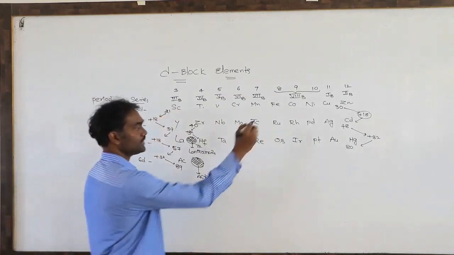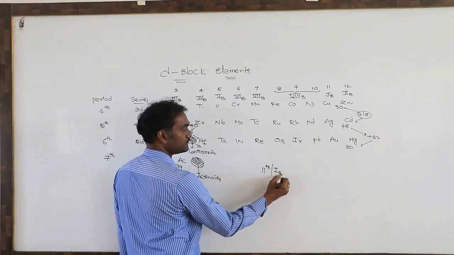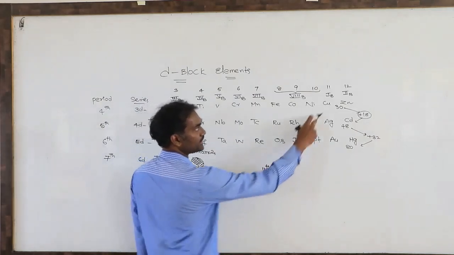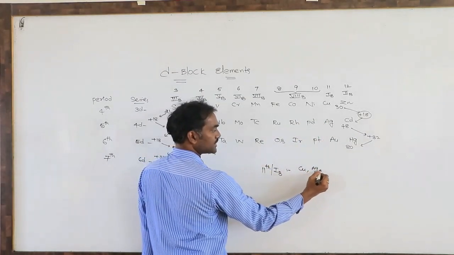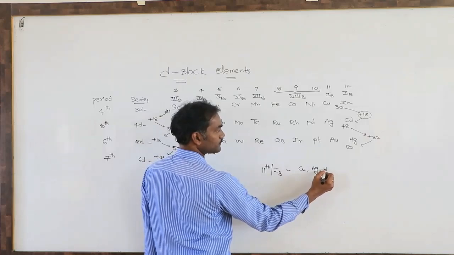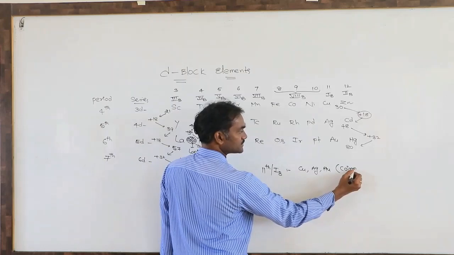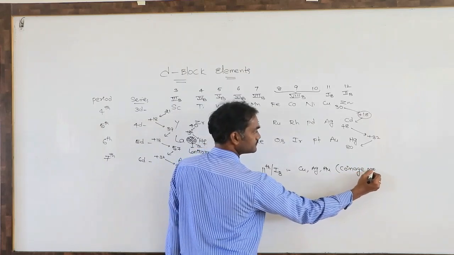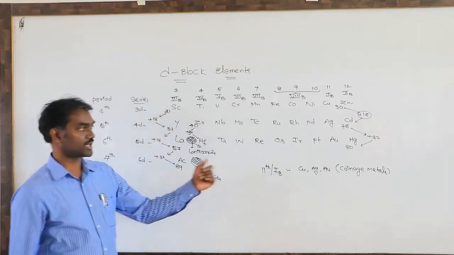The 11th group is first B. What are the elements? Copper, silver, gold. You call them coinage metals. Some special names are there, so try to remember that.